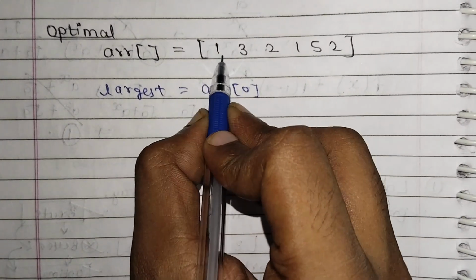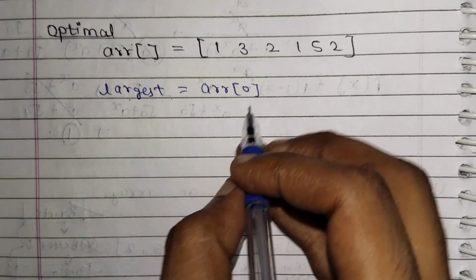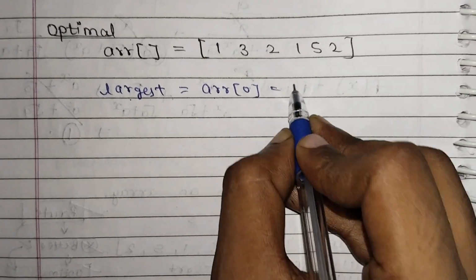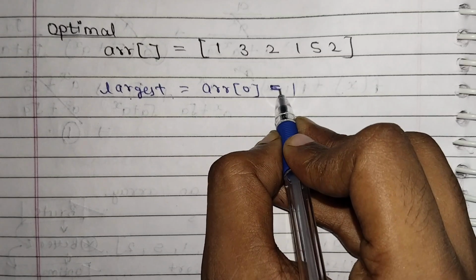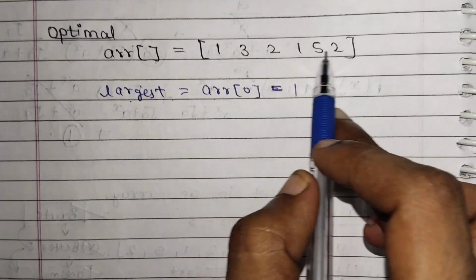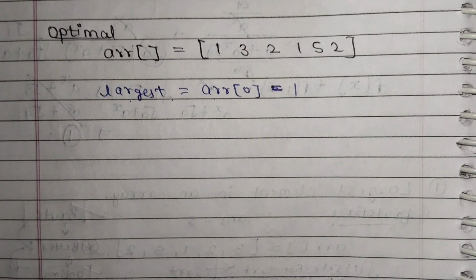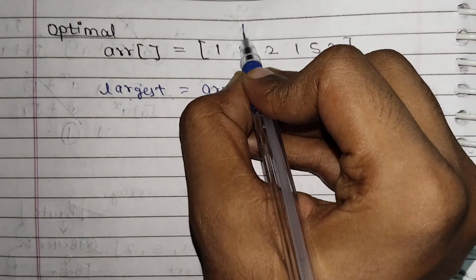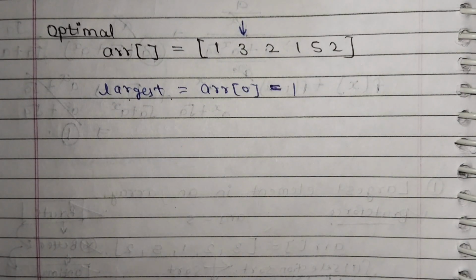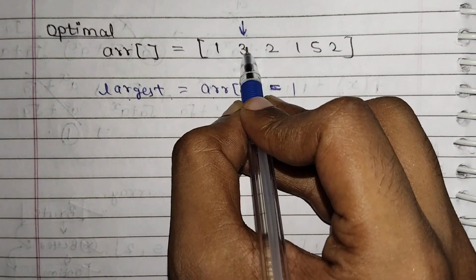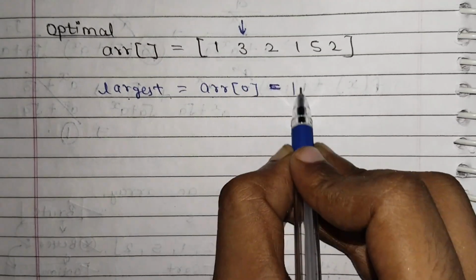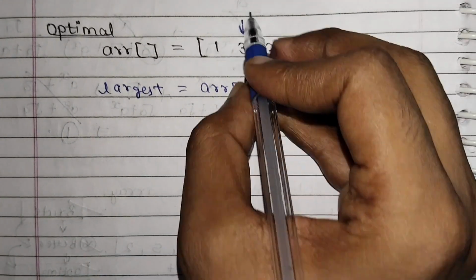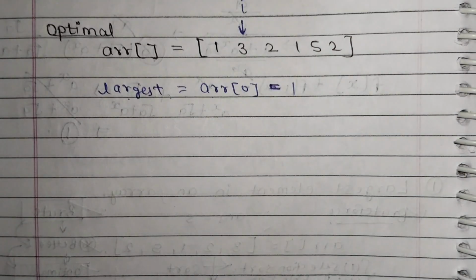Here the element is 1, so largest is arr of 0, which is 1. We have to iterate over the array elements and ask, are you greater than largest? If yes, then update yourself. We iterate from the next element, because the first is already stored in largest, so we start iterating from i equal to 1.